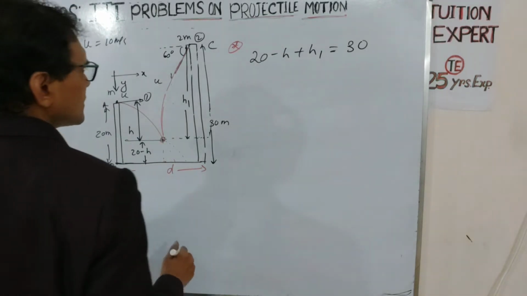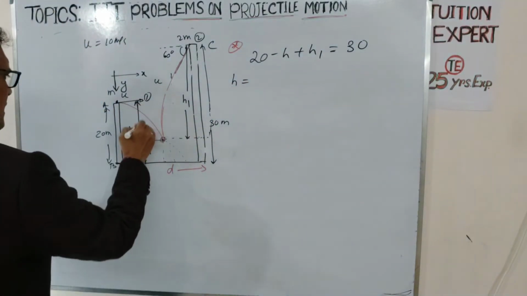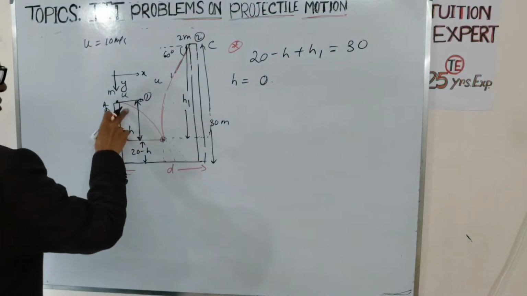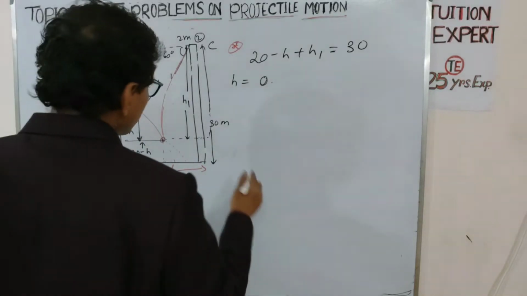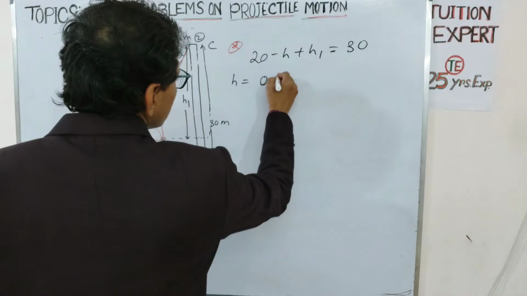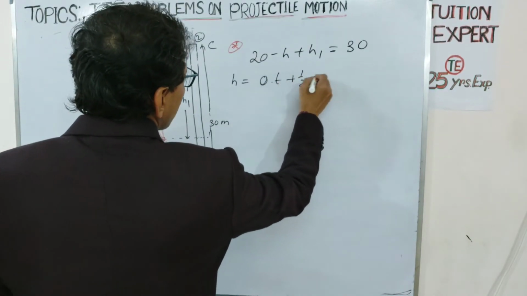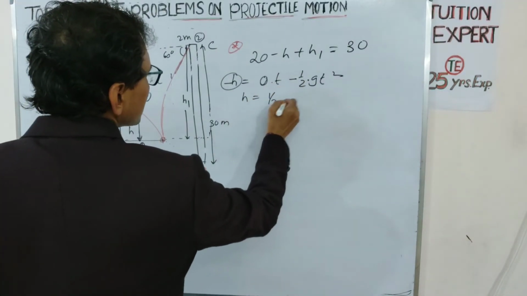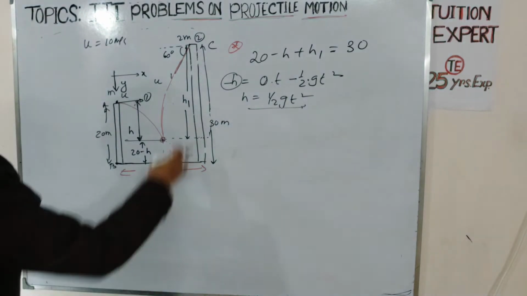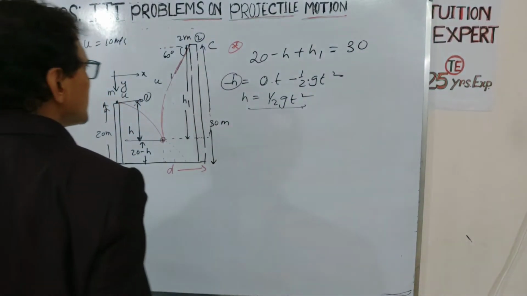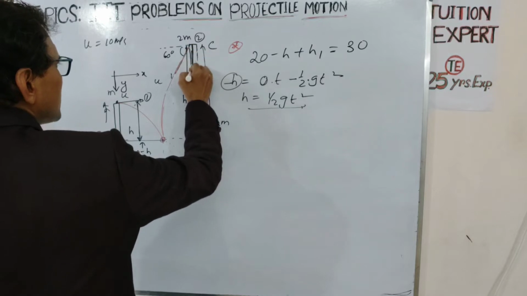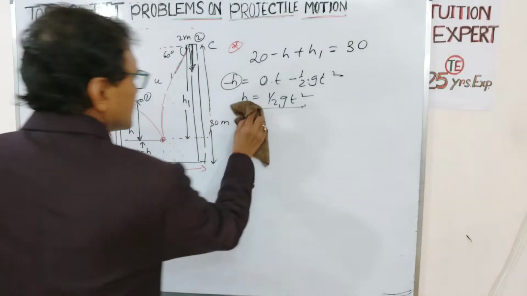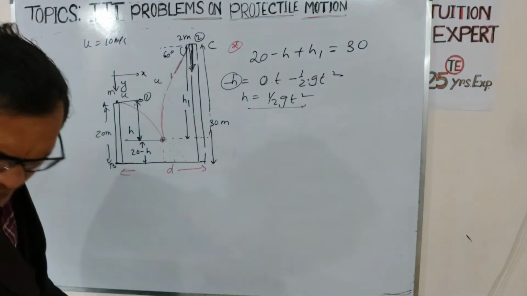Now what is h? Considering the equation of motion, h equals the vertical distance moved. Horizontal velocity we ignore, we consider only vertical velocity. Vertical velocity of that particle is 0, so h equals 0 t plus half g t square. With sign convention, minus h, and here also minus h, so finally we get half g t square. And what is h1? To calculate h1, we take the vertical component of the velocity of particle 2, projected here.